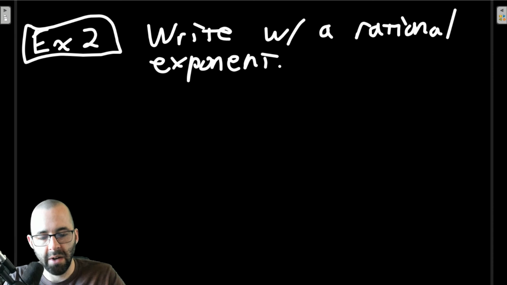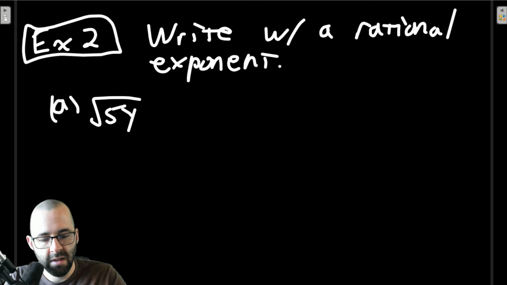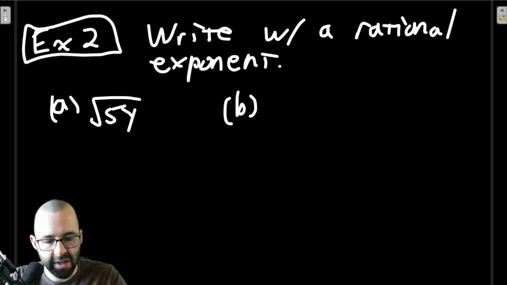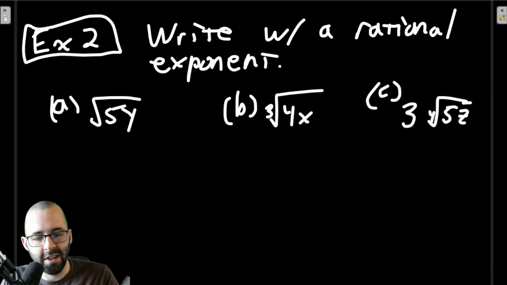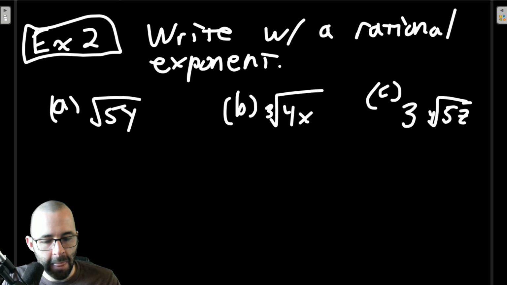All right, here we go. Part A is going to be the square root of 5y. Part B is going to be the cube root of 4x, not to be confused with part C, which is 3 times the 4th root of 5z. For any non-Americans out there.